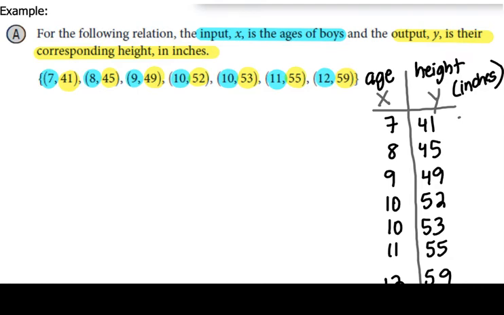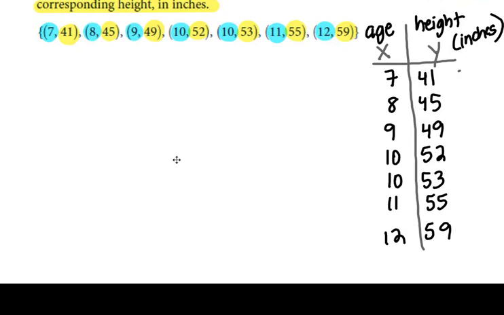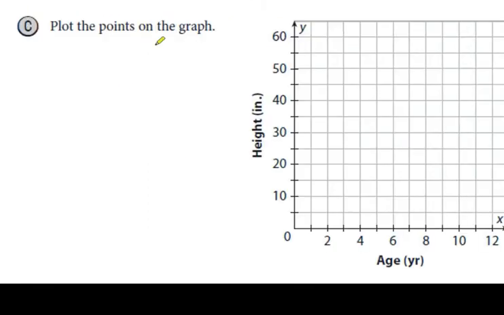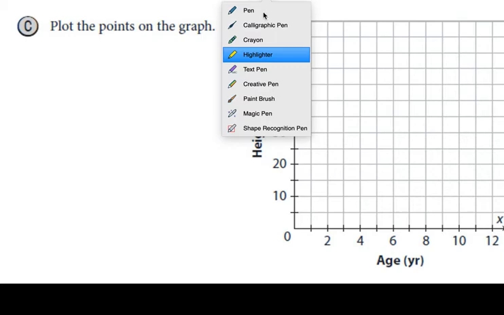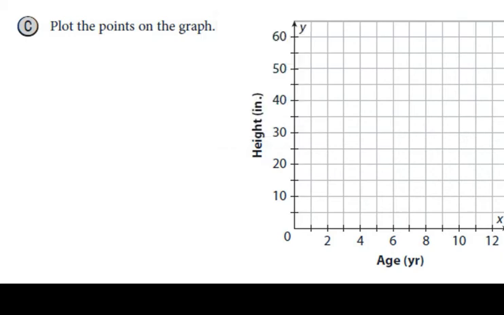And I want to plot these points on the graph. So here I have my graph, and I'm going to plot these points. So I had (7, 41), that's that point right there. I have (8, 45), (9, 49), (10, 52), and (10, 53). I'm going to have to make room there.